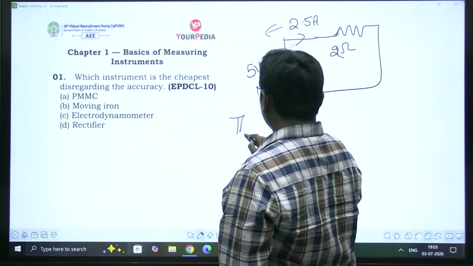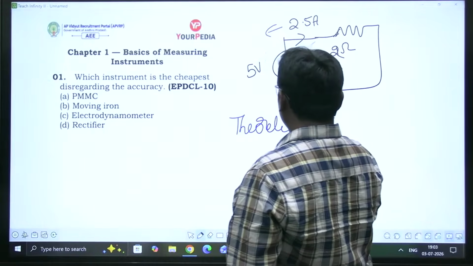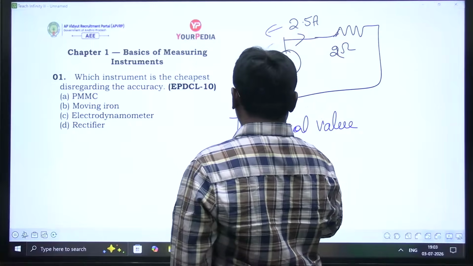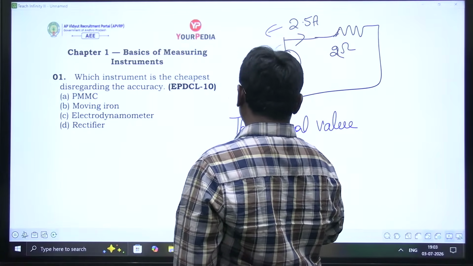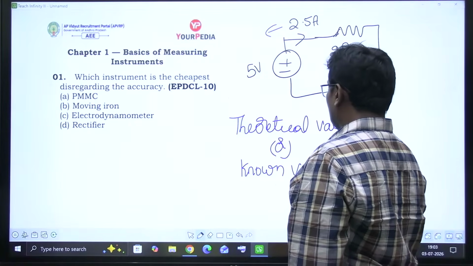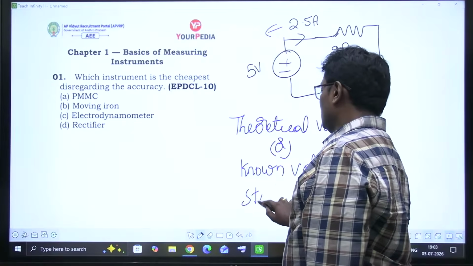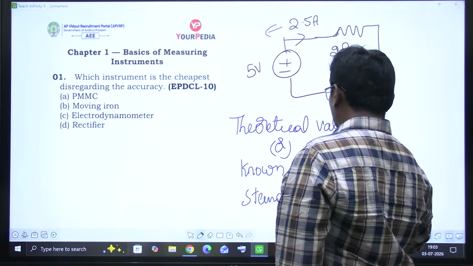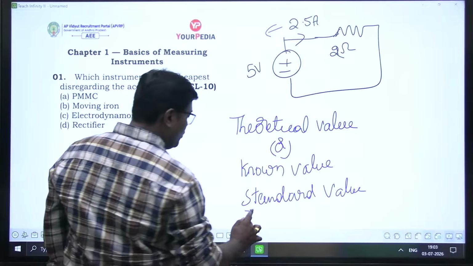So theoretical value, or known value, also called a standard value, and also called a true value.